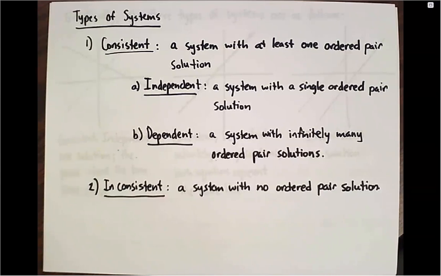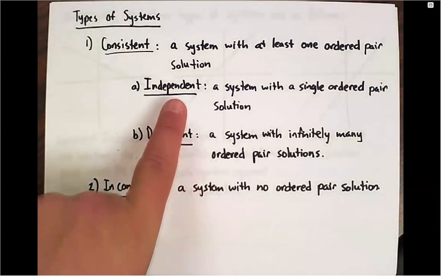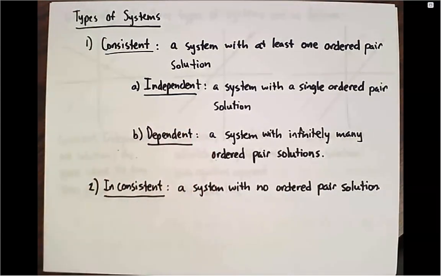So I didn't put any of those on the homework. Most of the ones we do either cross at one point or they don't cross at all. You shouldn't have to pick the one with infinitely many solutions.